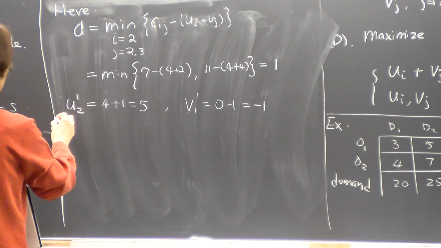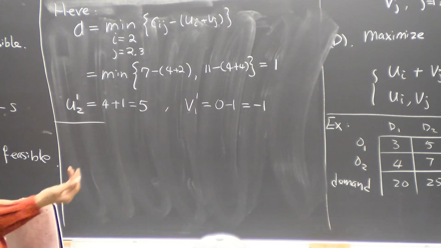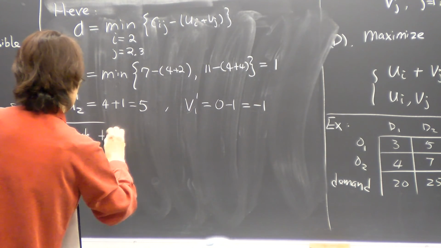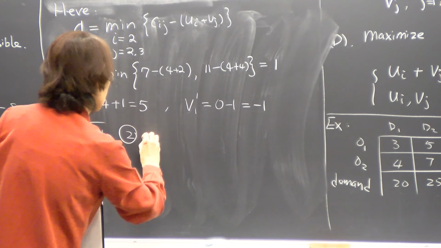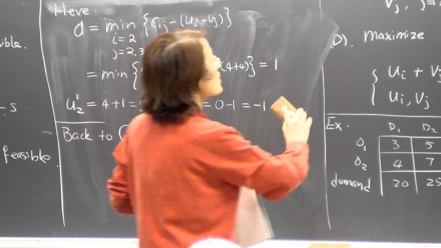Once you have that, you have to repeat the process. Now I have a new guess, so I need to go back to step 2 and go through everything one more time. Is that clear? Okay, so let's see. I'm back to step 2. What does step 2 say?